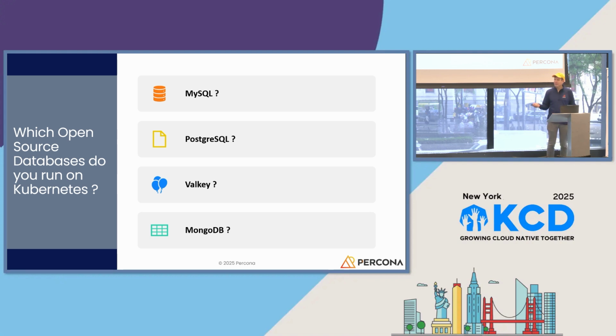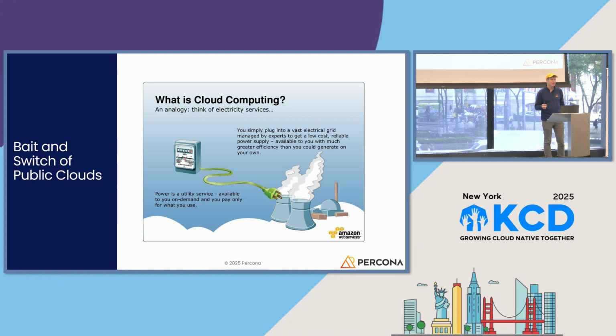Well, look, I think running databases on Kubernetes is doable these days, and I will try to convince you about that. I think this is particularly good because if we look at the modern public cloud, we find ourselves in a bait and switch situation.